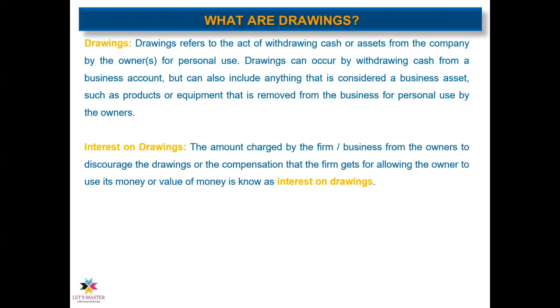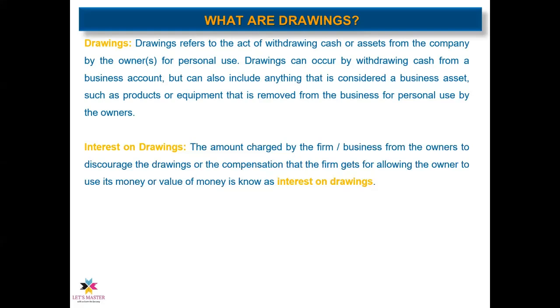The second term that we need to understand is interest on drawings. The amount charged by the firm or business from the owners to discourage the drawings, or the compensation that the firm gets for allowing the owners to use its money, is known as interest on drawings.